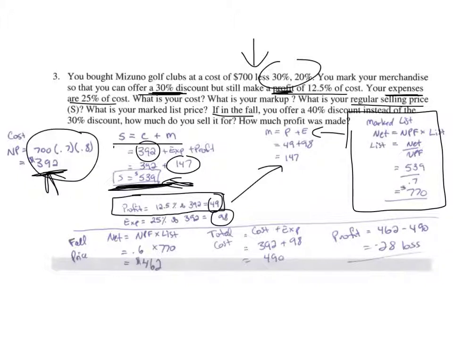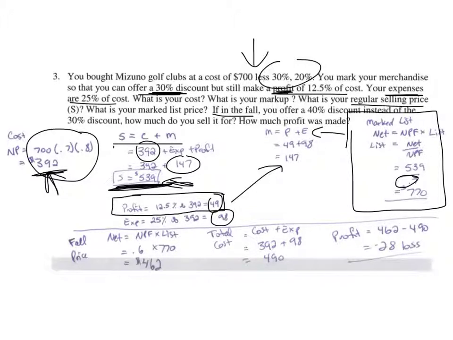I have this price I want to come up with, and I want it to be higher than my $539. So that's when I use my NPF here, 0.7. That's the 30%, and that's going to give me a list price of $770, and that's what I start selling it at. I do that so that later on in the fall I can offer a sale.